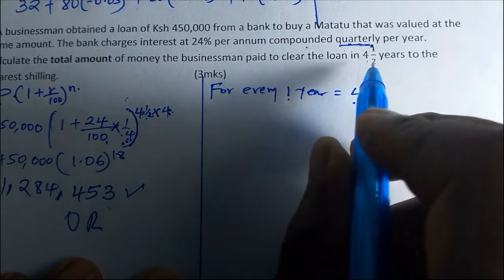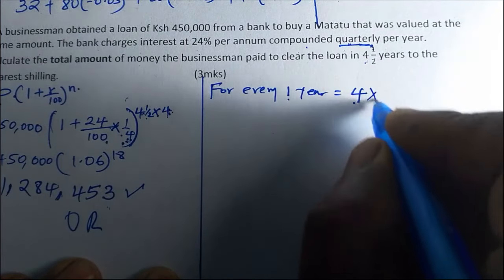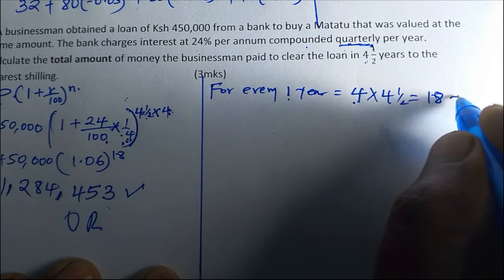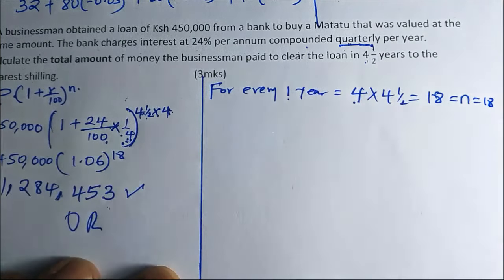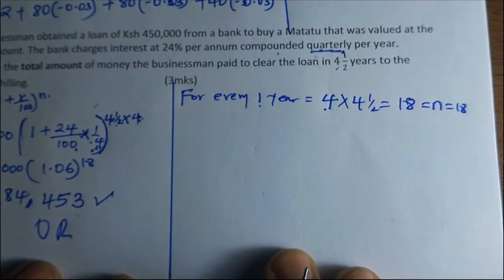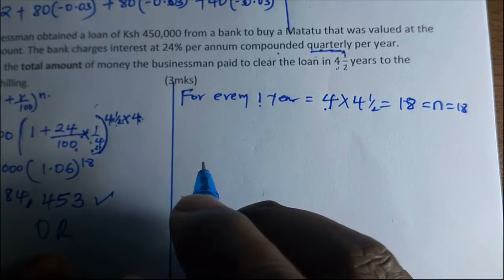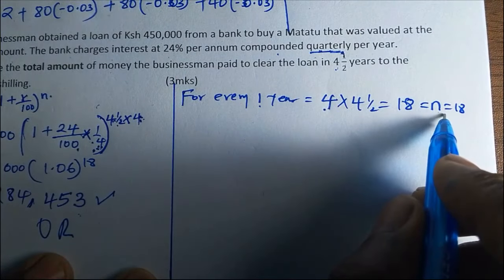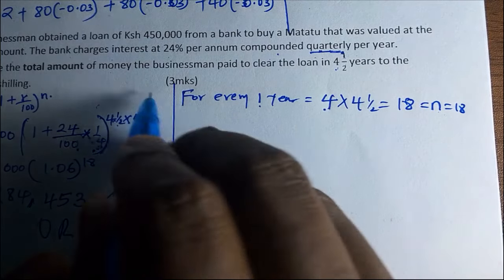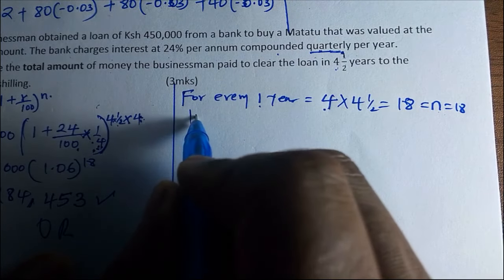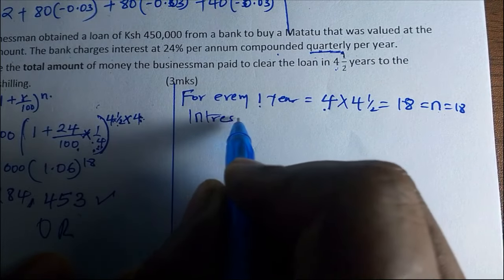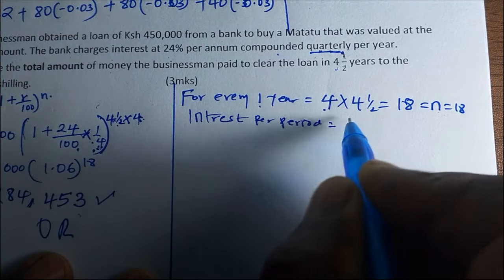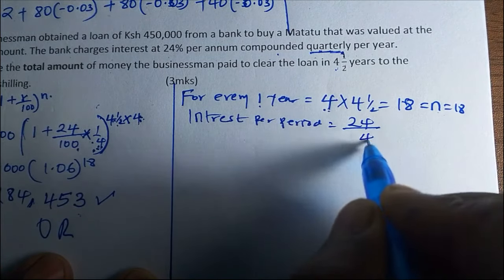You multiply here 4.5 and you will get 18. So it means that n is equal to 18. Then in these 18 periods, how much is going to be paid as interest? So interest per period will be 24 divided by 4, and that one will be 6% per period.